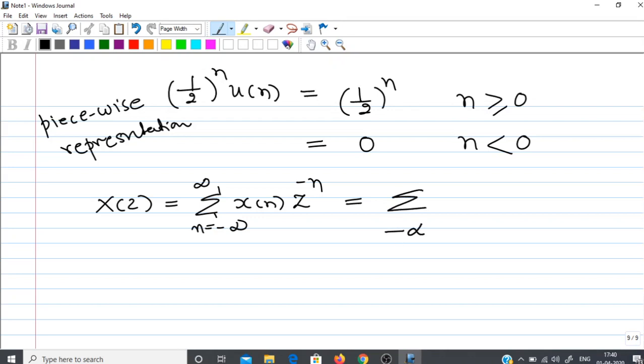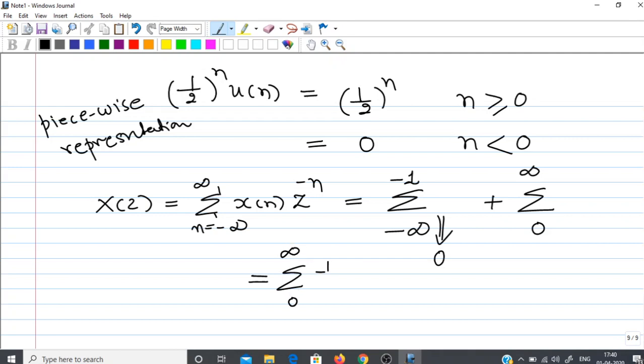One part is from minus infinity to minus 1, and the other part is from 0 to infinity. My sequence is 0 from minus infinity to minus 1, so this summation would vanish. You will get 0.